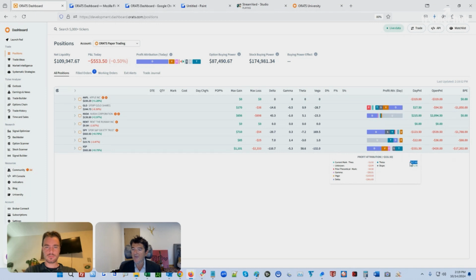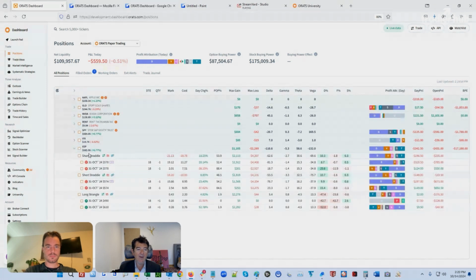But we should have made $177 on theta, and the slope, or how the puts relate to the calls, we should have made money on. But we lost so much money on Delta that we're down today, and that's why. So Delta, clearly we came in short in this paper trading, and the stock's up. So that's a good way to tell where your profit and loss is coming from.